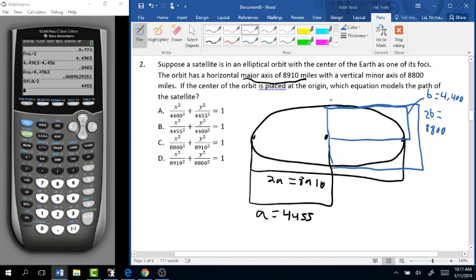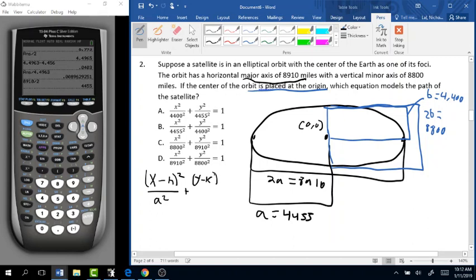If the center of the orbit is at the origin, so let's say the center is at 0, 0, which equation models the path of the satellite? A horizontal ellipse is going to have the equation (x minus h) squared over a squared plus (y minus k) squared over b squared is equal to 1.